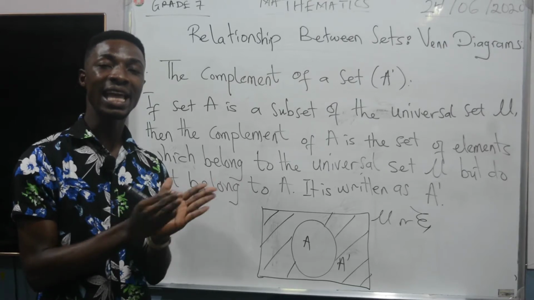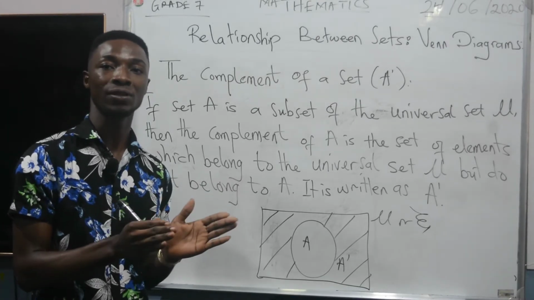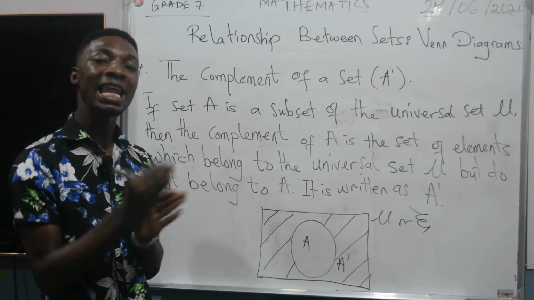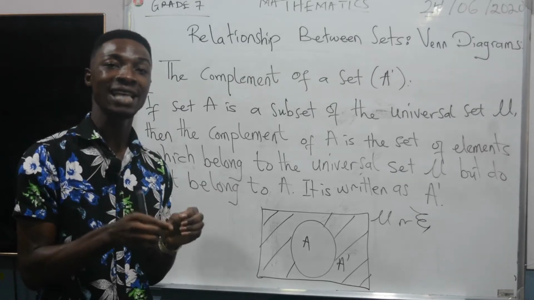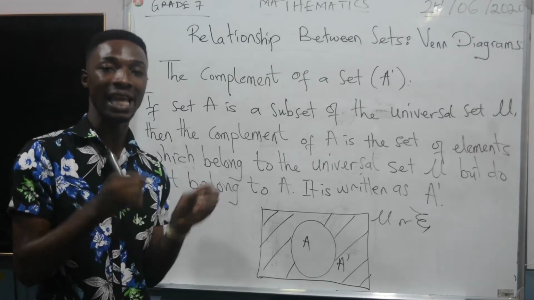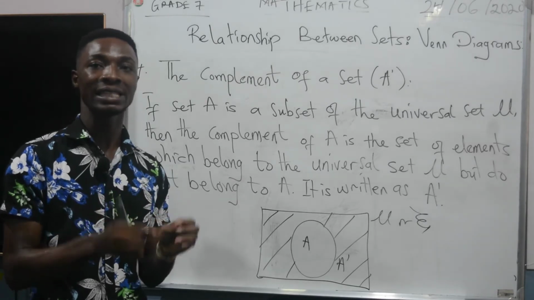Since A does not contain all the elements of the universal set, the elements that are in the universal set but cannot be found in set A form the complement of set A.